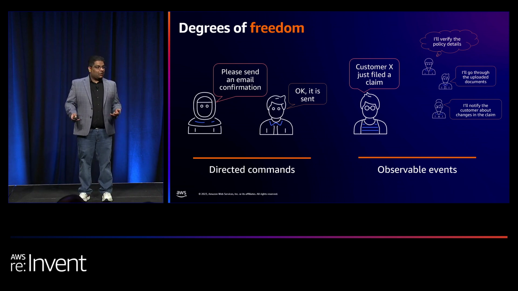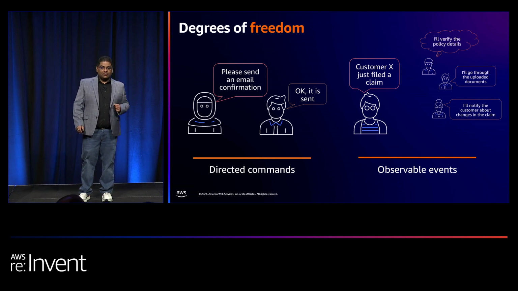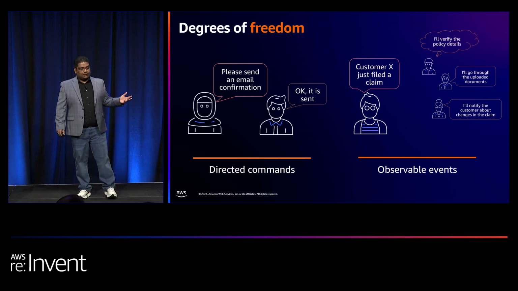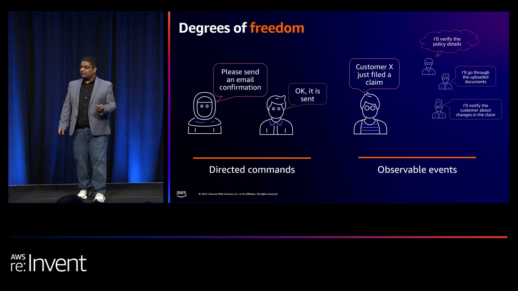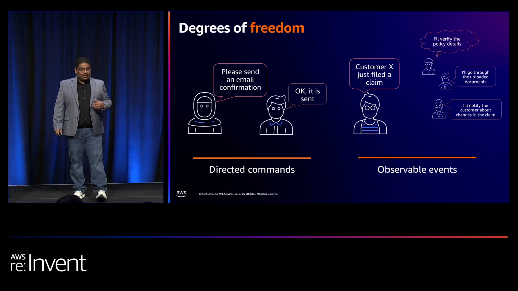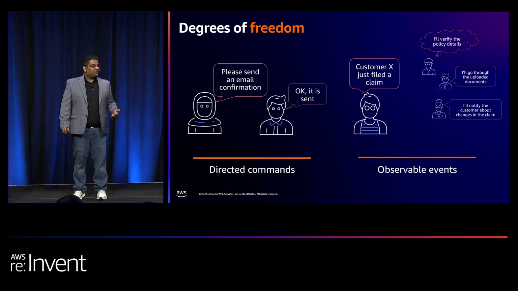One of the entities can say, okay, let's go and verify the policy details. The other one can say, okay, let's go through the documents that were uploaded by the insured. Another entity can say, okay, let me take care of notifying and future communications with the end user. These are all good, and they work independently.